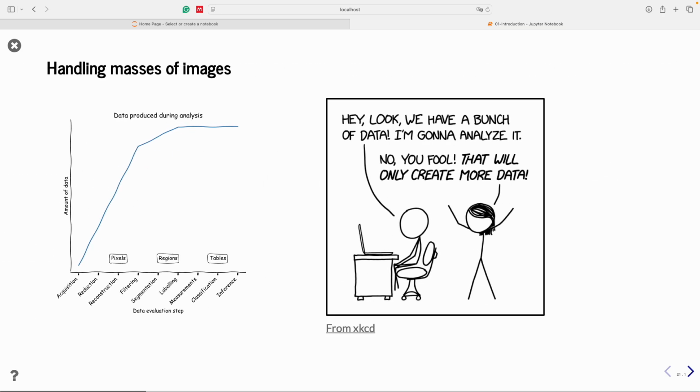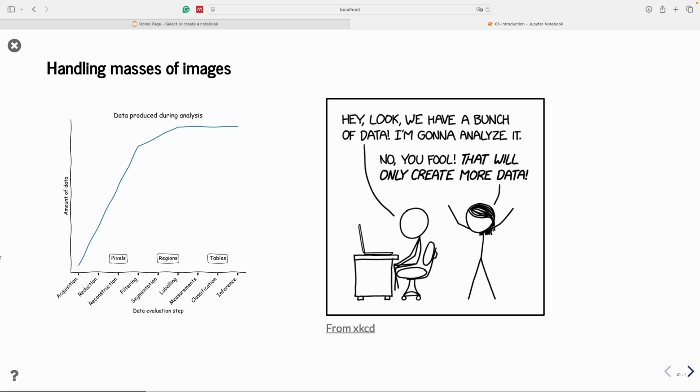So another thing is how to handle the masses of images. And when you do the processing, you actually temporarily increase the amount of data you have. So first you do your acquisition, and then you do a reduction step and a reconstruction step. Then you don't reduce the number of pixels. So you're actually adding up, because sometimes you want to save what you did in the previous step to be able to go back only one step instead of doing the whole process.